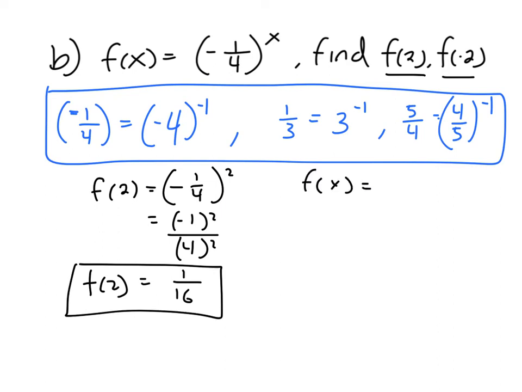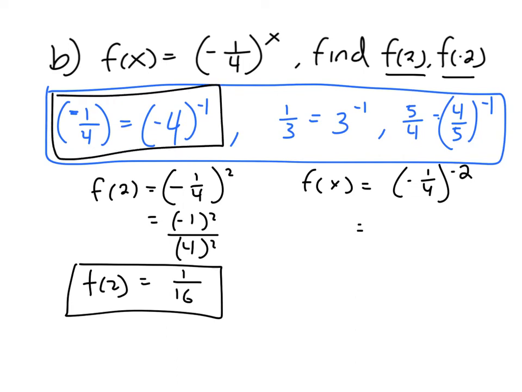Now let's go ahead and do the next one. This one is a little more tricky. So we have (1/4), and now we're bringing it to the power of -2. So I want to use this rule first. Instead of writing 1/4, I'm going to write 4 to the -1 power.